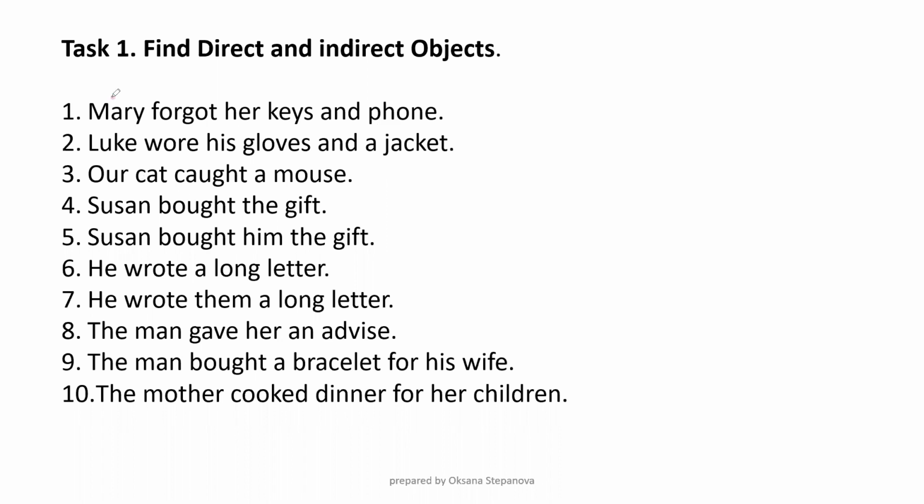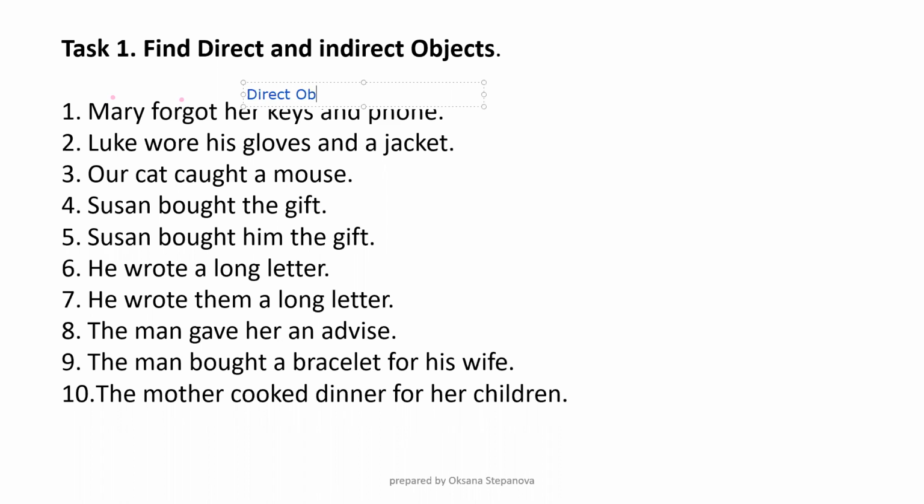Mary is the subject, forgot is the verb. Now what she forgot? Do we have a preposition, or can we put a preposition? Can we ask a question with a preposition? Mary forgot what? No, this is a direct answer. Her keys and phone.